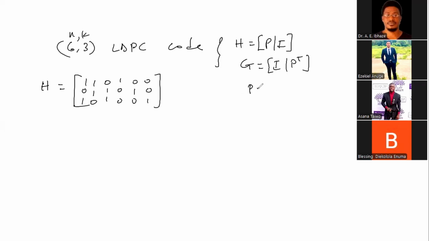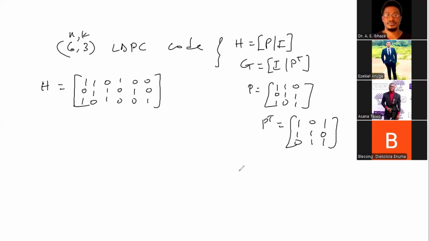So if we bring out the parity here, that's 1 0 1, 0 1 1, 1 1 0, and 0 1 1, 0 1 1. Then the transpose of this, so the row becomes the column, that'll be 1 1 0, that's the first row. Then the second row, 0 1 1, and then the third row, 1 0 1.